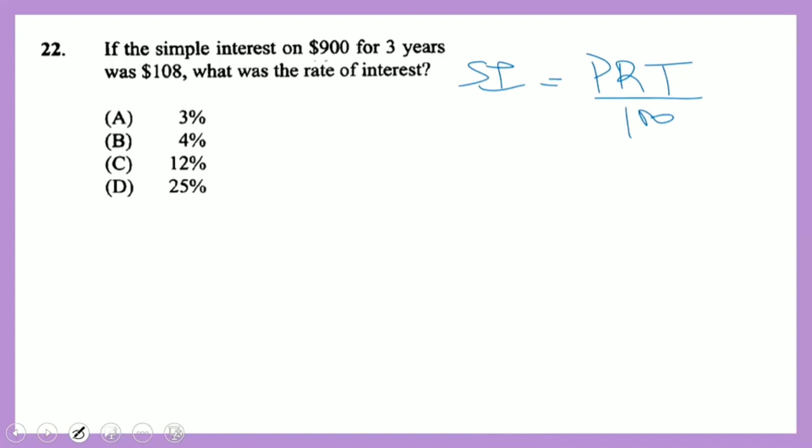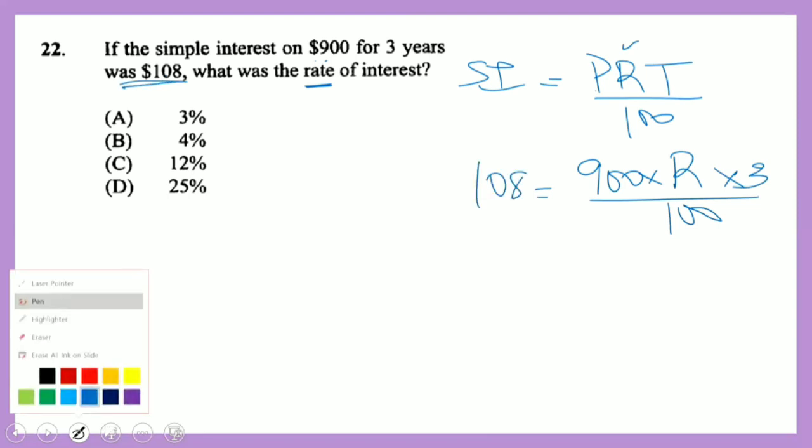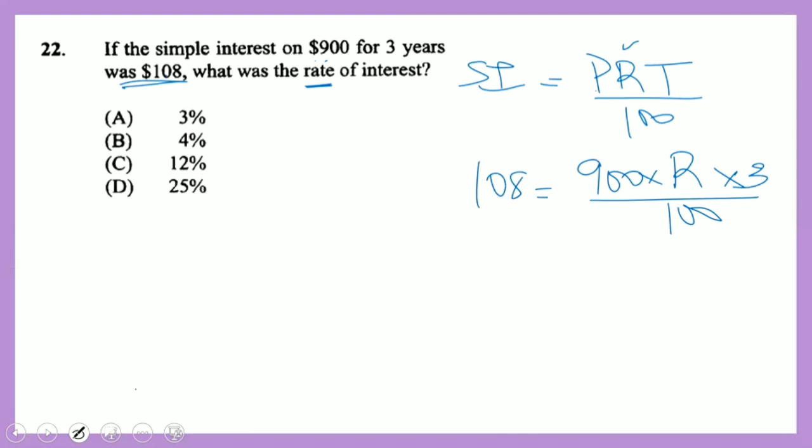The simple interest on $900, so that $900 is the principal, times the rate, which we don't know, so we put that back as r, times 3 years. The simple interest was $108. Once you put in what you know into this equation, you'll have one quantity unknown, and you just go ahead and find it.